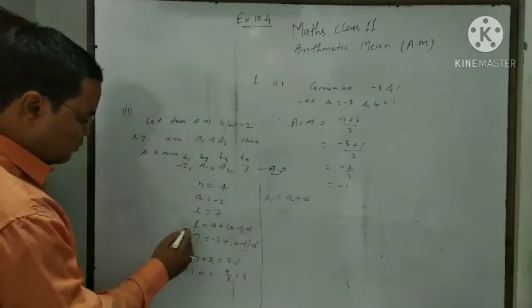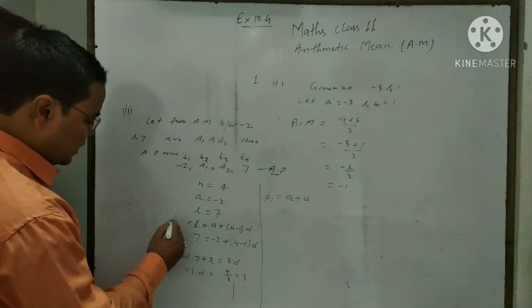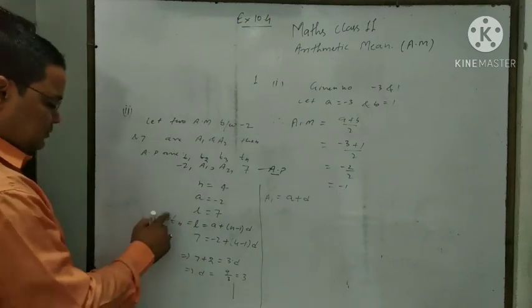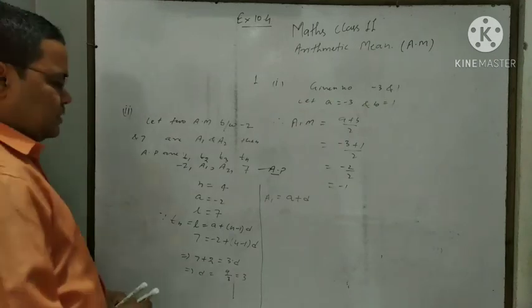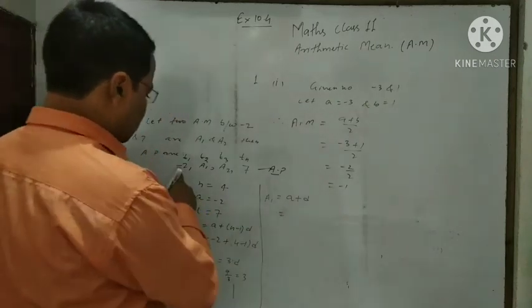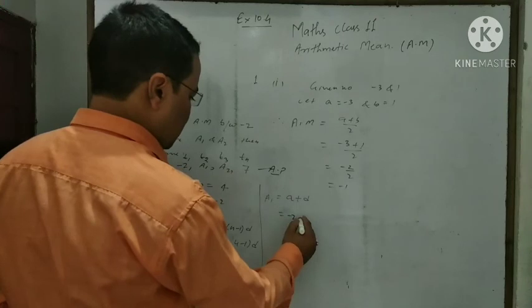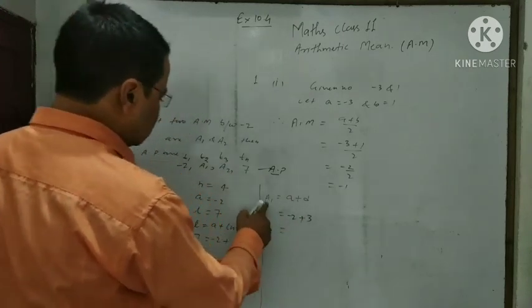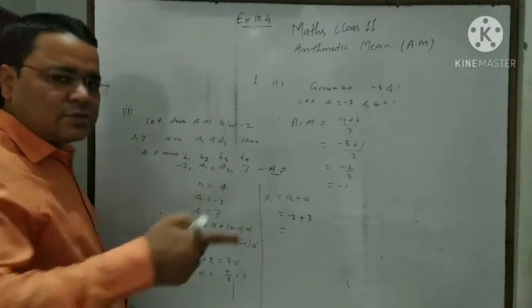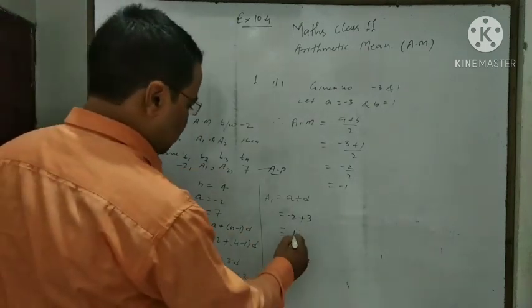So the formula is a plus d. The value of a is -2 and the value of d is 3. Then the second term, or the first arithmetic mean, is equal to 1.